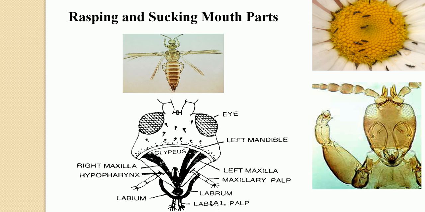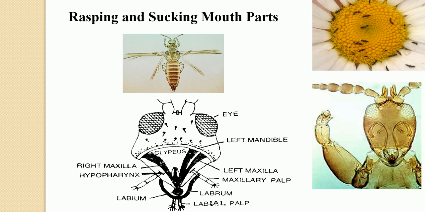This means the principal piercing organ here is the maxillae. The laciniae are protracted and the cell sap is sucked by the action of the cibarial pump into the food canal. So the cibarial pump is responsible for creating a suction pressure which is applied on whatever liquid or sap comes out of the punctured epidermis.